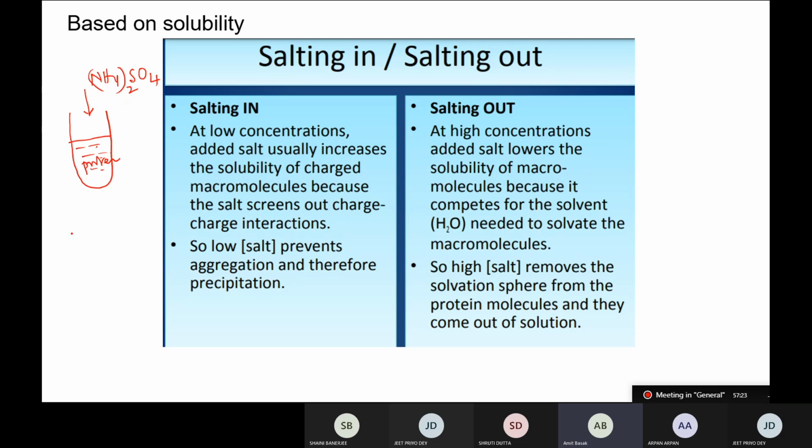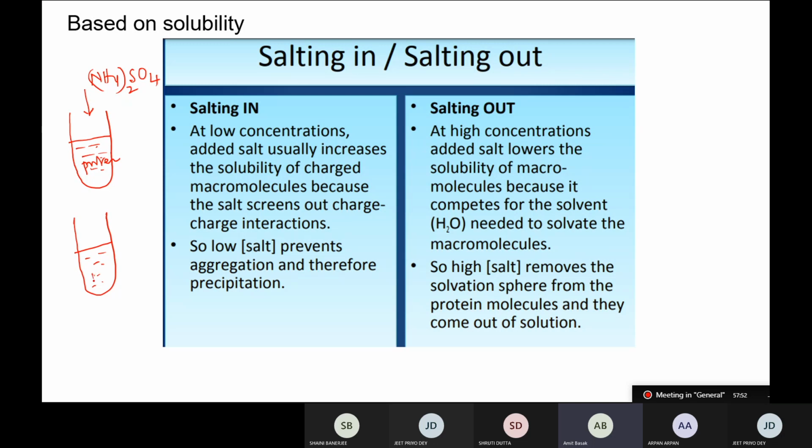On the other hand, think of the reverse situation: you have water and you are trying to dissolve a protein. Not all proteins are highly soluble in water; some are highly soluble, some are less soluble. Suppose you have a protein which is not very soluble in water.